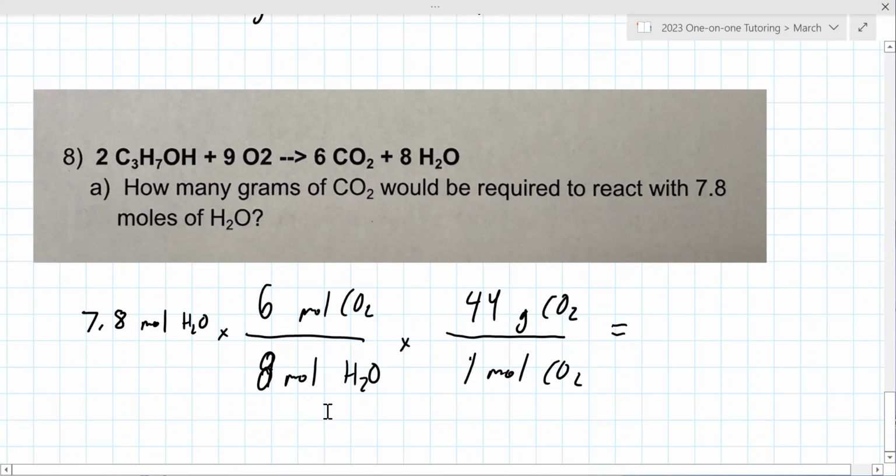Check your calculation one more time. Do you have these numbers here? 44 grams of CO2. Yeah. I did 7.8 times 16 divided by, oh, I did 16. 6, yeah, not 16.